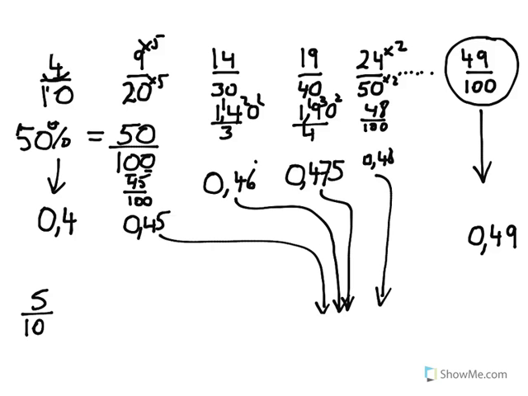And it's only 4/10, so the distance between 4/10 and 5/10 is 1/10. The distance between 9/20 and 10/20, because 10/20 would have been exactly 50%, is 1/20. So we can see already that 9/20 is only 1/20 away from 0.5, whereas 4/10 was a whole tenth.